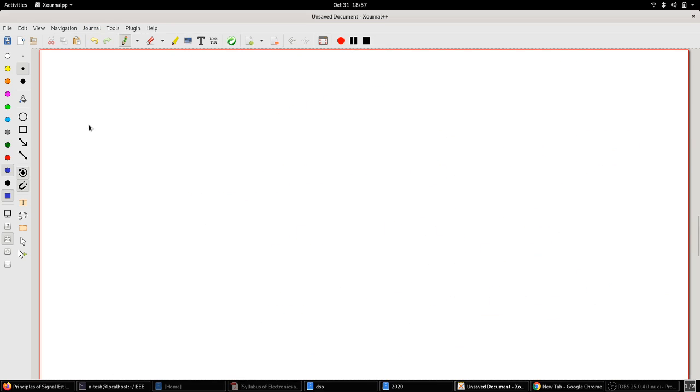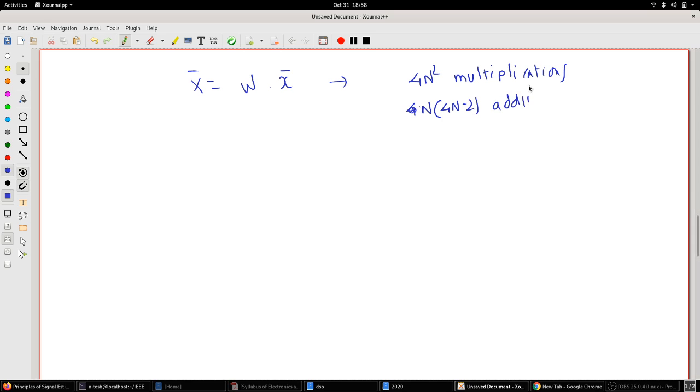Even when you do x bar equal to W into x bar, this also will have 4n square multiplications. This is about the real multiplications. Okay, and you will have n into 4n minus 2 additions.